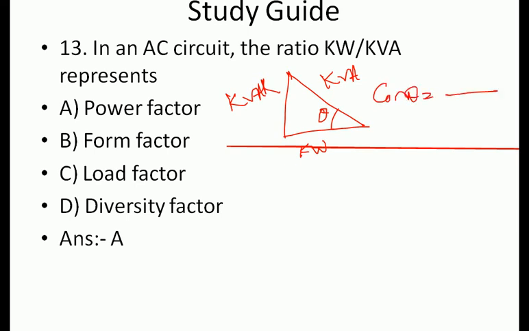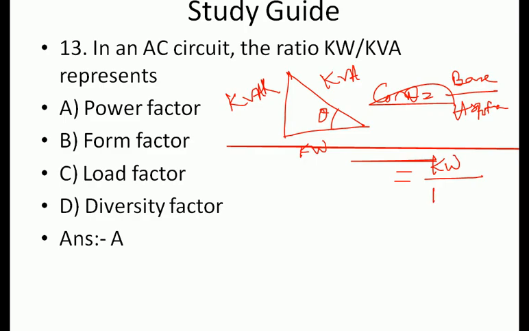As per trigonometry, cos theta is the base by hypotenuse, and in electrical we know that cos theta is the power factor. So we can write cos theta equals kilowatt by kVA. That means the ratio of kilowatt by kVA represents the power factor.